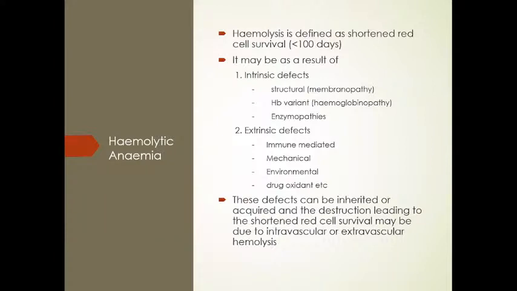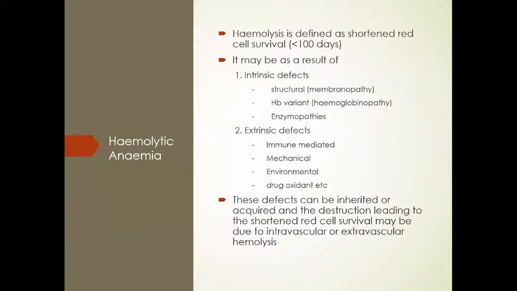So if it produces an enzyme that has a shortened half-life, I think you guys had talked about your G6PD deficiency, there's no room for it to produce more, because there are no organelles. So a lot of these intrinsic defects are covered in the inherited, or intrinsic, hemolytic anemias.